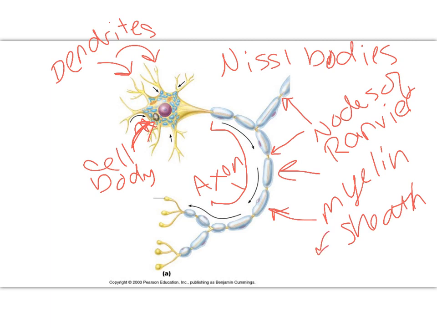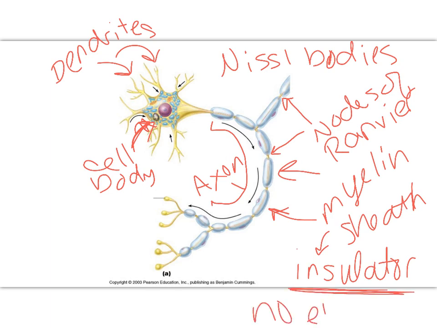Myelin is an insulator. Just like in physics, where you talked about insulators versus conductors, we are talking about electricity because we're talking about nerves. The impulse is an electrical impulse traveling down the neuron. The areas surrounded by myelin sheath are insulated, so no electricity travels through that area.